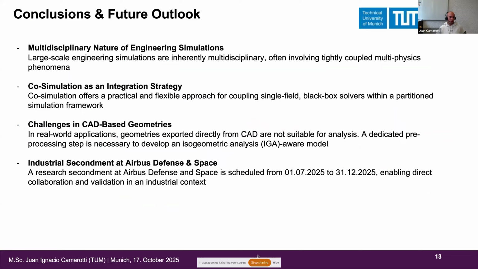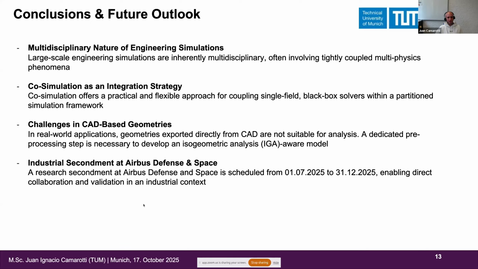So finally, going to the conclusions of this talk, we talked about the multidisciplinary nature of engineering simulations, in which we're usually working with multiphysics phenomena. So we need to deal with coupling between the domains. Then we talked about co-simulation as an integration strategy for the different solvers that are needed in a multiphysics simulation.